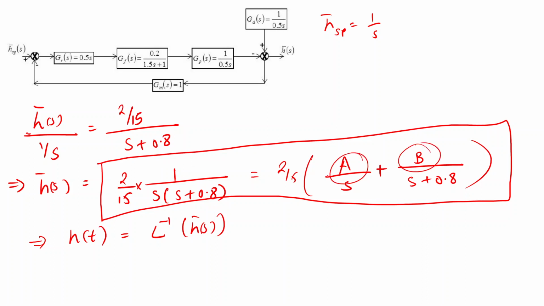We first multiply this equation by s, and then we get the value of a. Then we multiply the equation by s plus 0.8 and put s equal to minus 0.8, and then we get the other coefficient. Solving this partial fraction, we have a as 1 upon 0.8 and b as minus 1 upon 0.8.